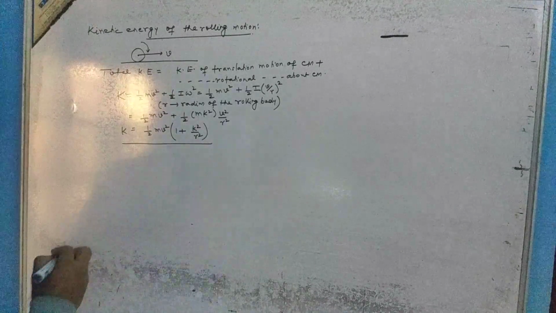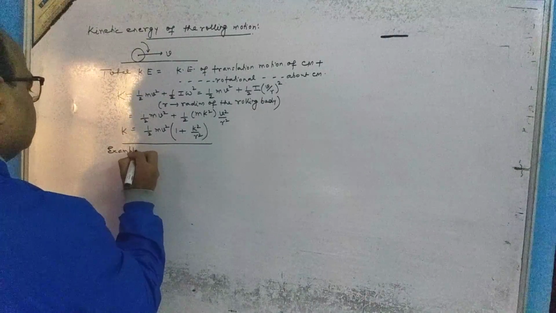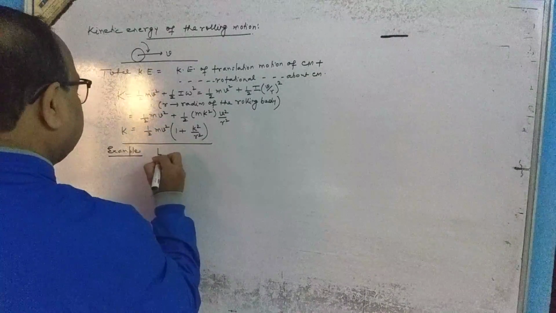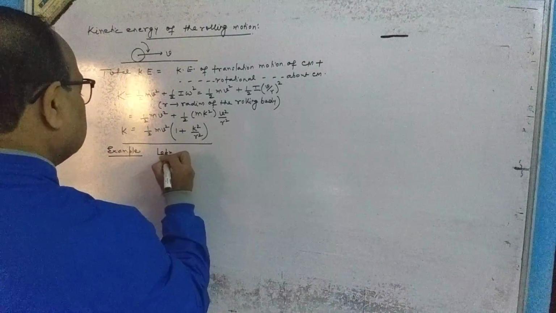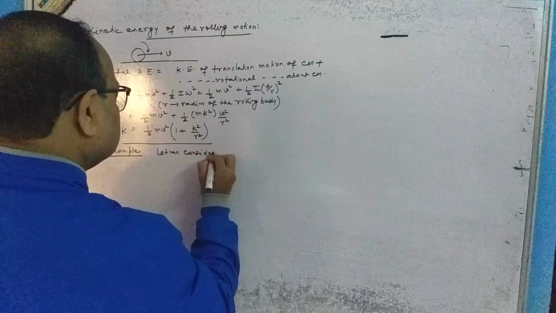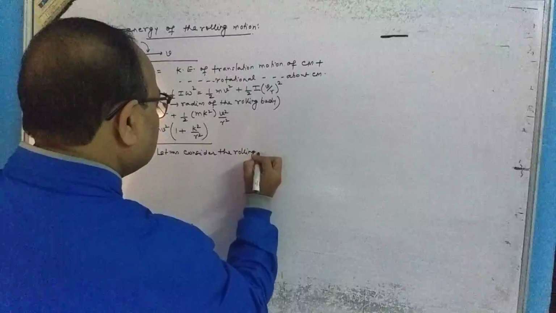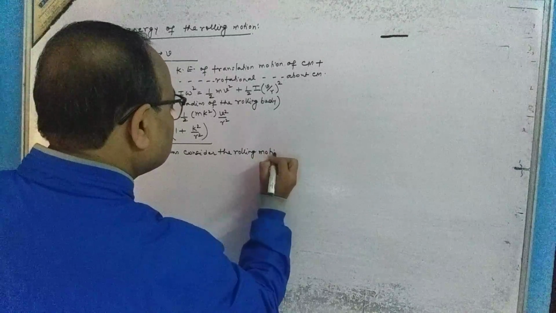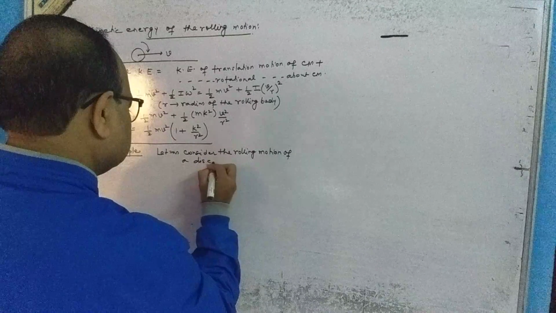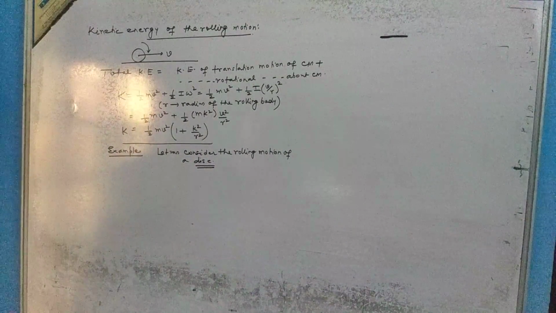Now suppose I give you an example. Let us consider the rolling motion of a disc. Suppose a disc is rolling.